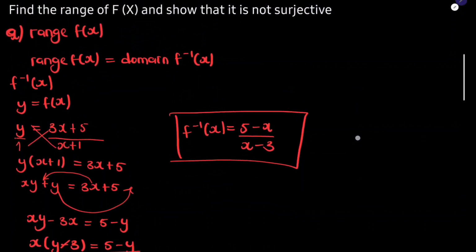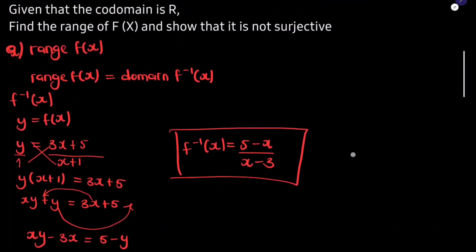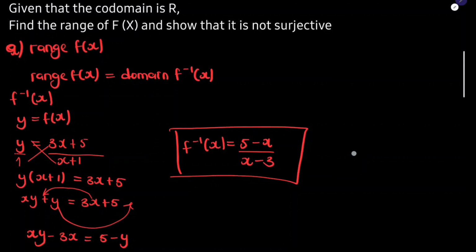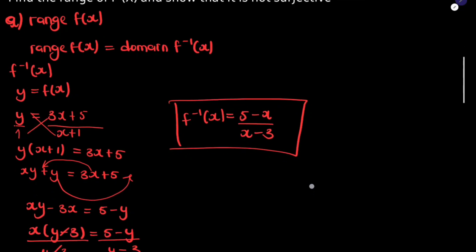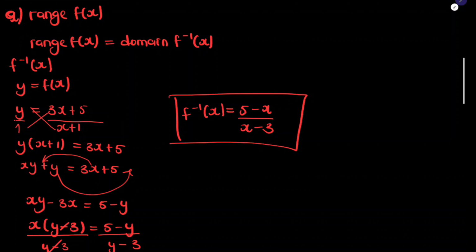But remember, we were not told to find f inverse of x. We were told to find the range of f of x. But since the range of f of x is equal to the domain of f inverse of x, then we can find the range from here. So we are just going to simply find the domain of f inverse of x.